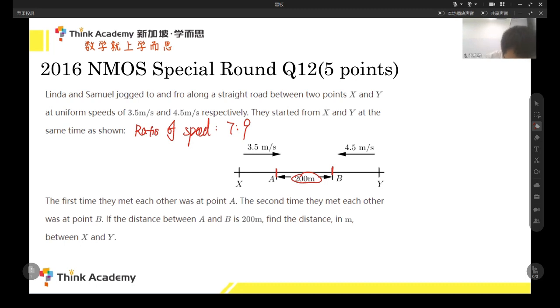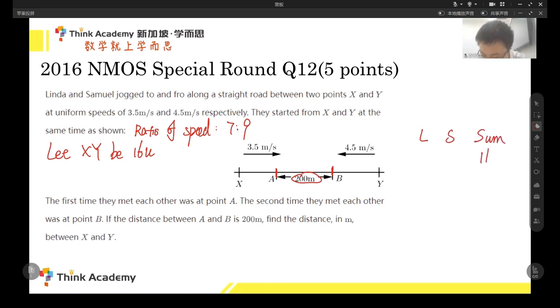We let XY be 16u. So the total distance is 16u. When the sum of distance is 16u, the distance ratio between Linda and Samuel should equal their ratio of speed, which is 7 to 9.